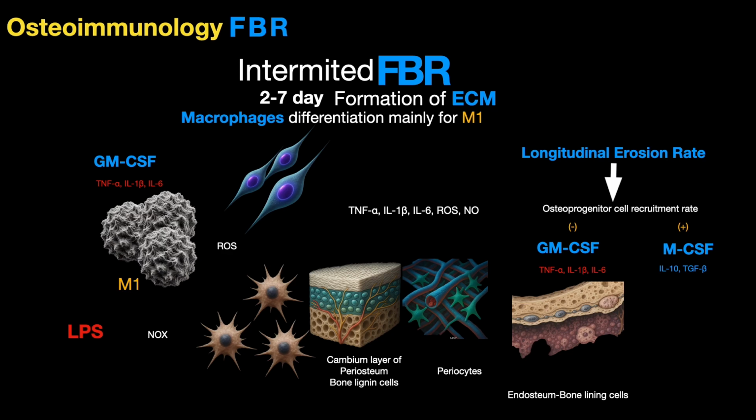This polarization can be altered by the mesenchymal stem cells and by compounds such as calcium or sulfates. We know that from other research, but we know that it modifies this type of response.